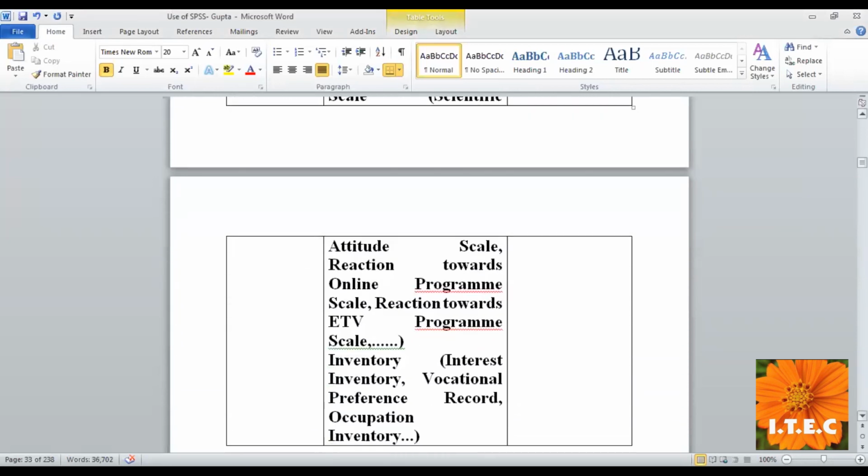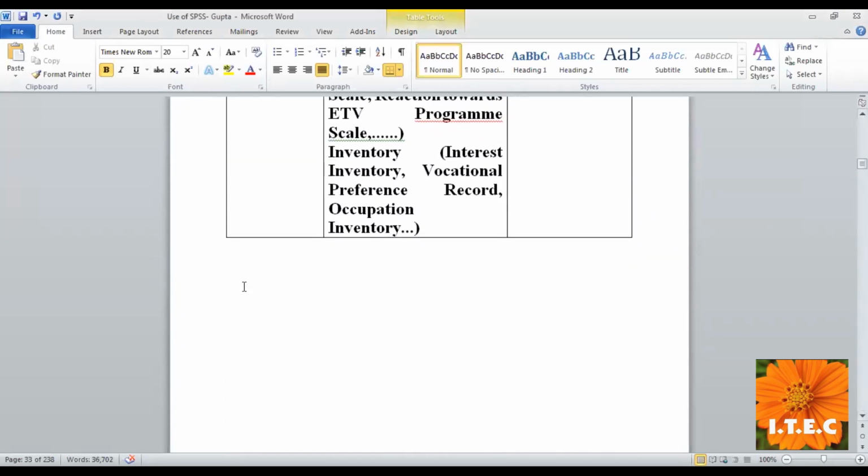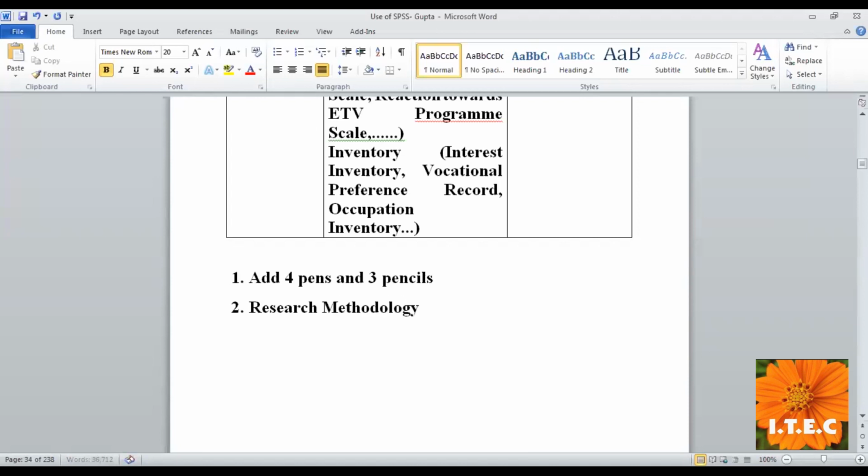Please understand. Let me give you the example. One, I'm saying add 4 pens and 3 pencils. Another, I'm saying research methodology is useful. I'm saying agree, undecided, and disagree.